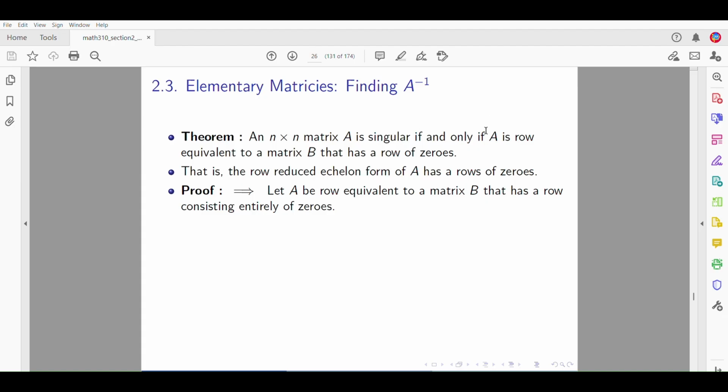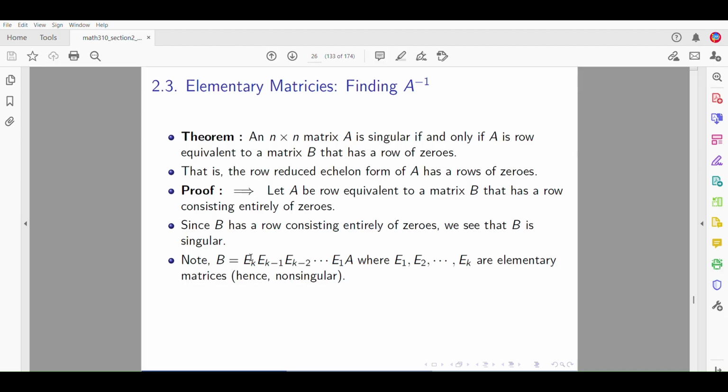Suppose A is row equivalent to a matrix B that has a row consisting entirely of zeros. Since B has a row consisting entirely of zeros, B is singular. Notice B is in reduced row echelon form and it has a row consisting entirely of zeros. Any matrix that has a row consisting entirely of zeros is singular. It doesn't have an inverse.